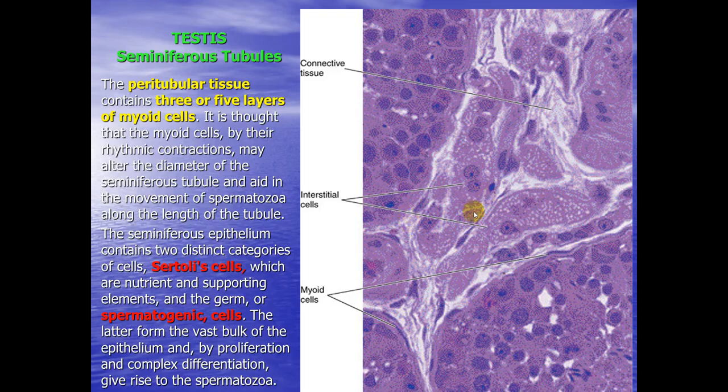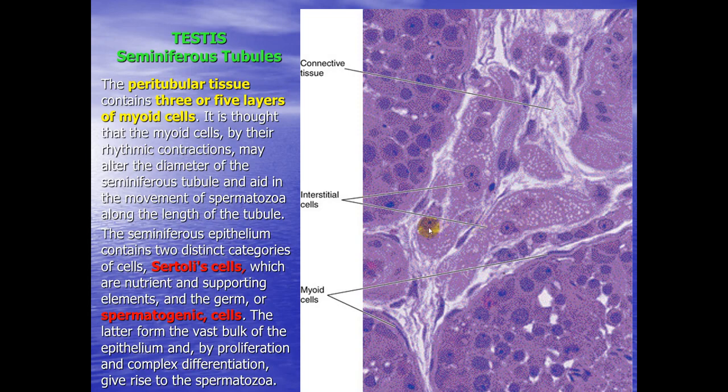And in the stroma between the seminiferous tubules are interstitial cells. You see interstitial cells may be binucleated, very rare, but mostly have only one nucleus. Cells are ovoidal and have a lot of lipid inclusions.